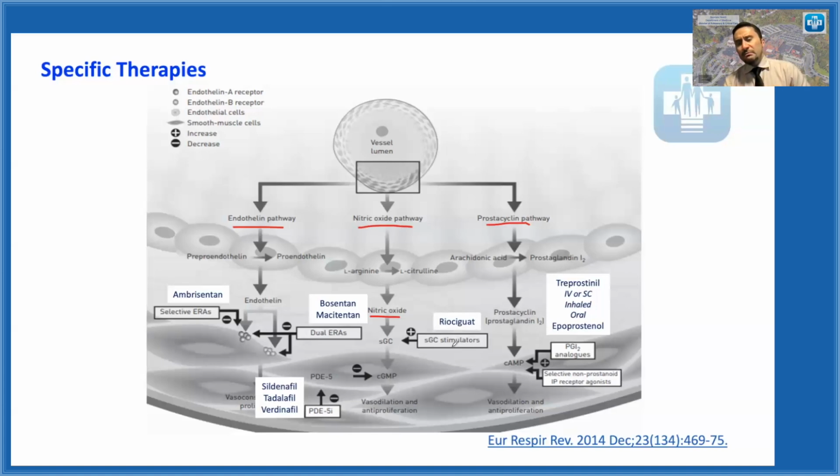Riociguat is one of the newer medications that we learned works through the nitric oxide pathway. The trade name is Adempas, and it is mainly used in patients with group 1 pulmonary hypertension or group 4 who are not candidates for surgery. And there are patients who are doing well on Adempas.